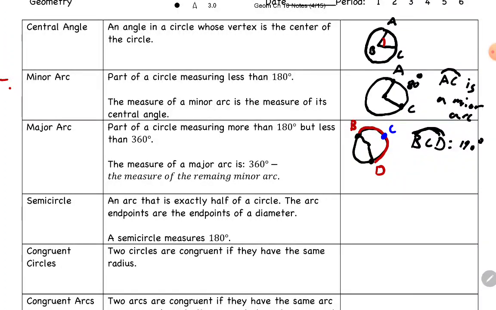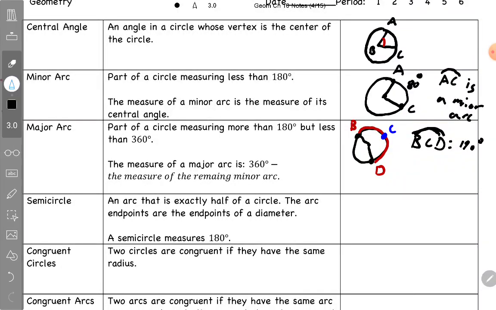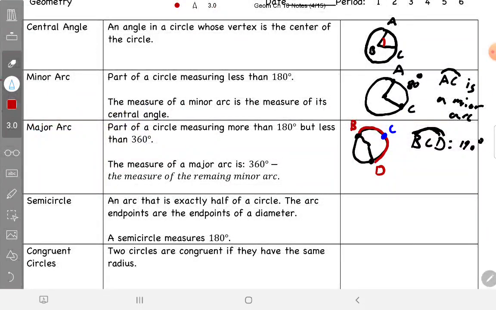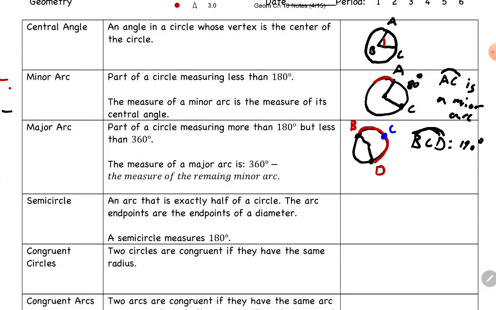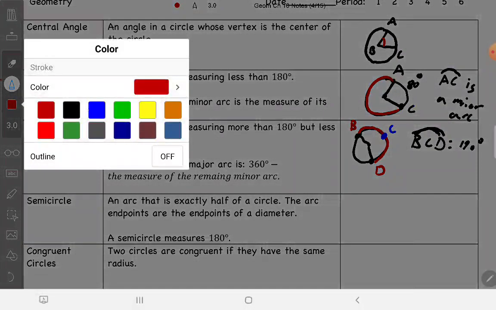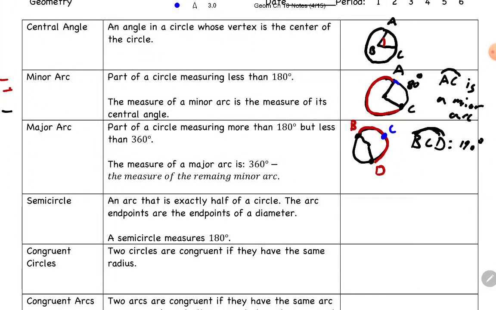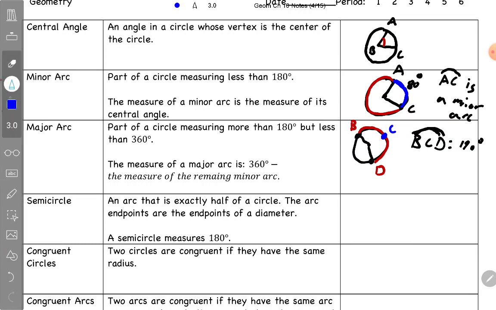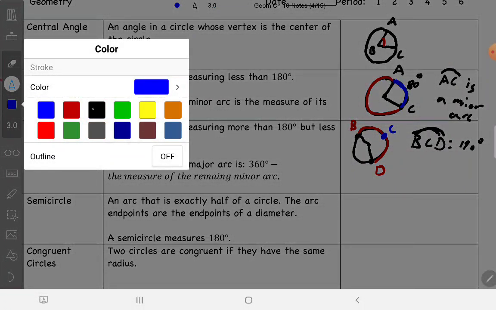Okay, if they still only give you 2 points, then they'll either ask you what is the major arc of AC, or they'll ask you for the measure of the minor arc, which would be the blue here. So in this example, the minor arc AC is 80 degrees.